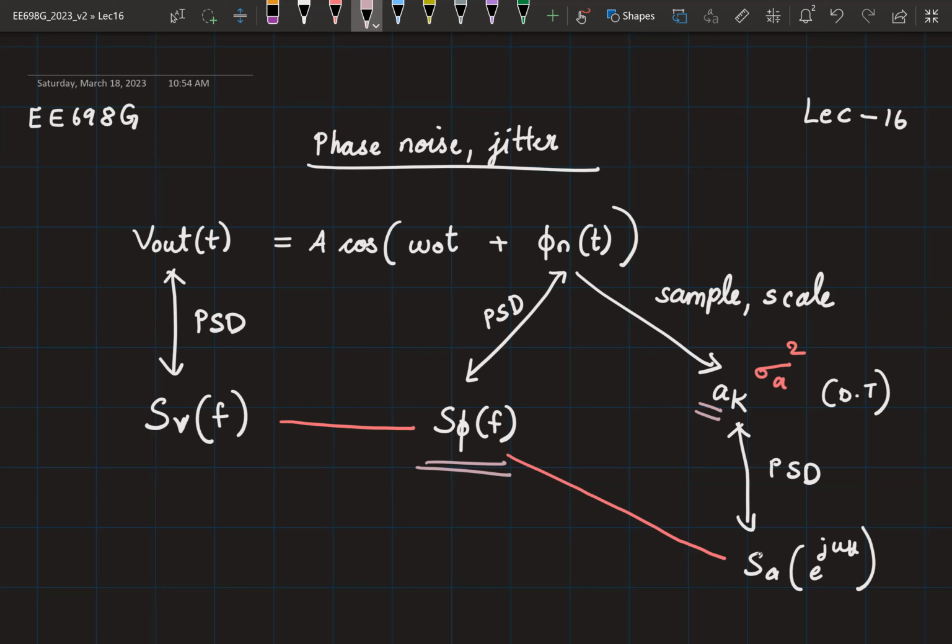Is there any application where the power distribution is more relevant, or is it enough if I can calculate sigma A square? RMS jitter, the power in jitter, these are also quantities that can be calculated. Would I be interested directly in S phi of F for any application?